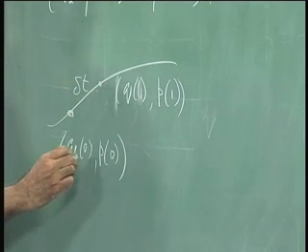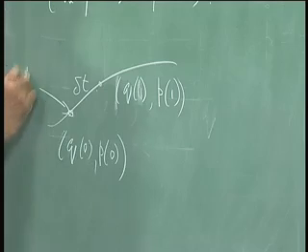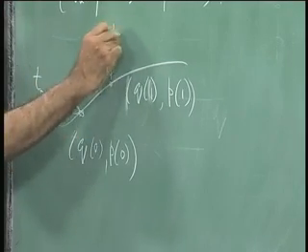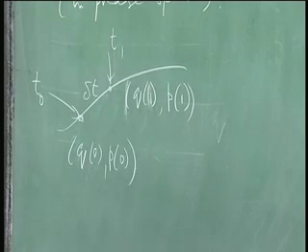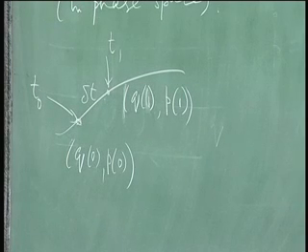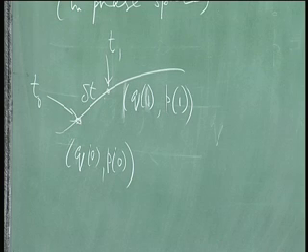So this was at t0, and that was at time t1. Let us say t1 is separated from t0 by a delta t, an infinitesimal interval of time. So this is an infinitesimal line element in phase space, part of a trajectory.